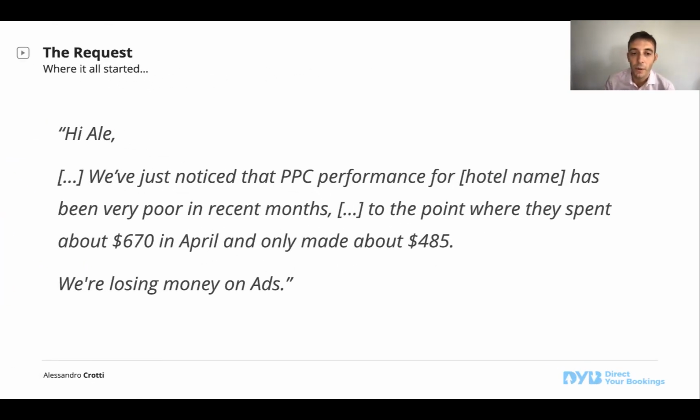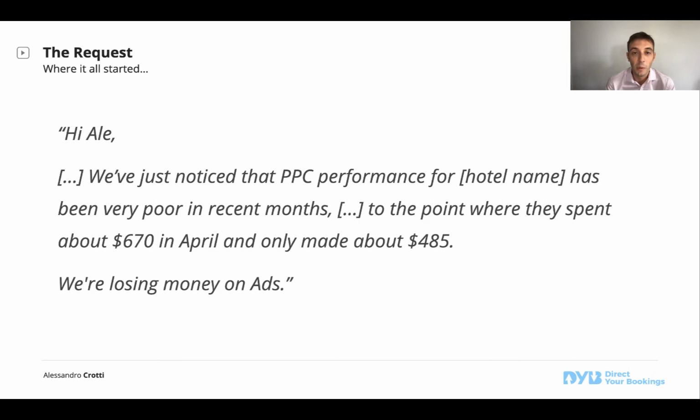So first of all, let's start with the request. I got asked to perform a Google Ads audit, and this essentially was the request. It's a copy-paste. I just removed some useless parts in order to make it compressed, but anyway, this is the heart of the request.